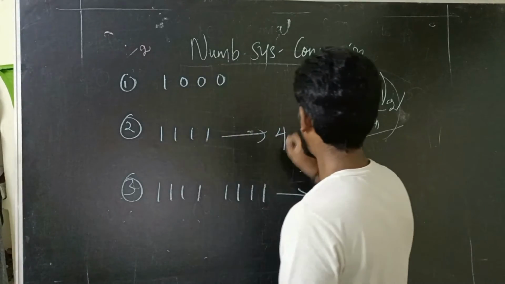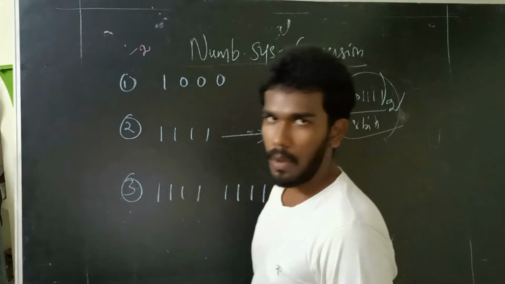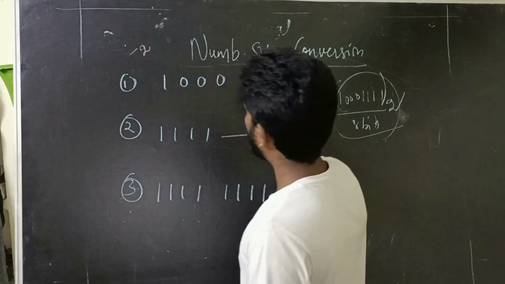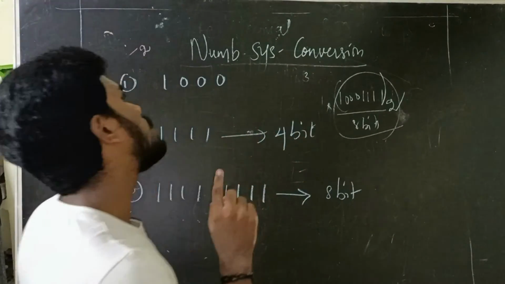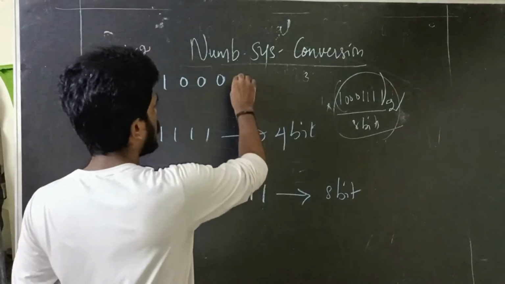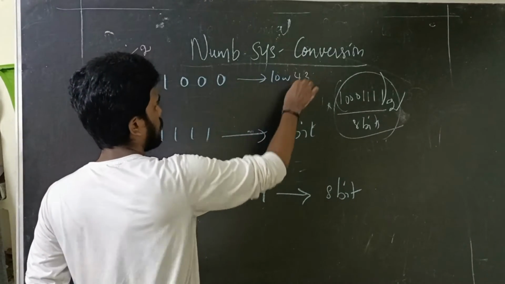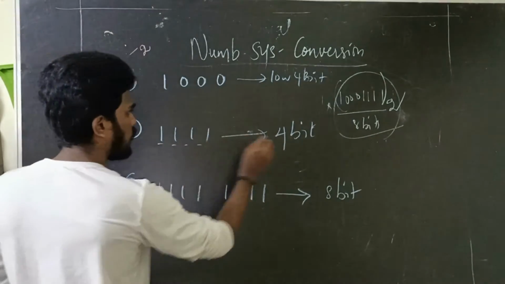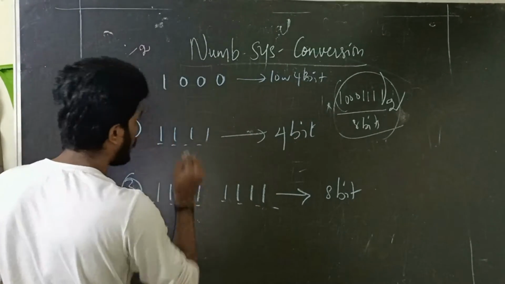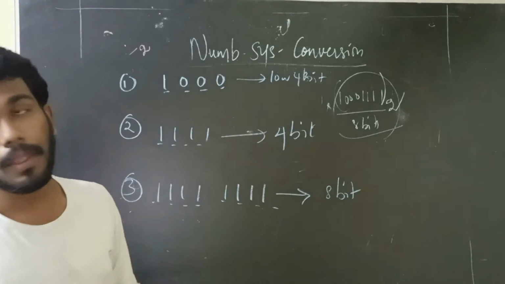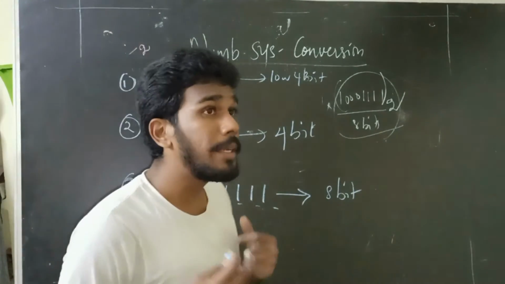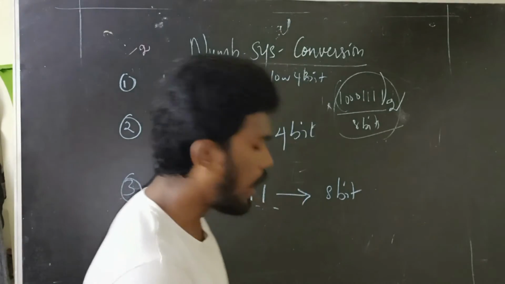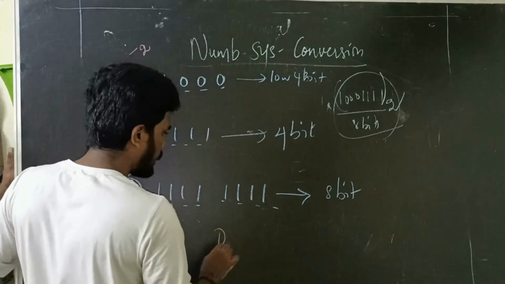This is the highest 4-bit number. And I have another number, which is the lowest 4-digit number. It has four digits, so it's a 4-bit number. The other has 8 digits, so it's 8-bit. Now let's try to find the exact decimal value for these bits. How will you convert binary back to decimal?